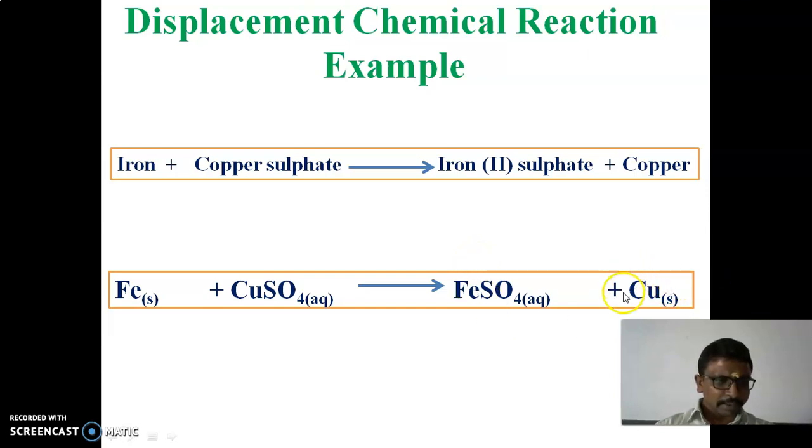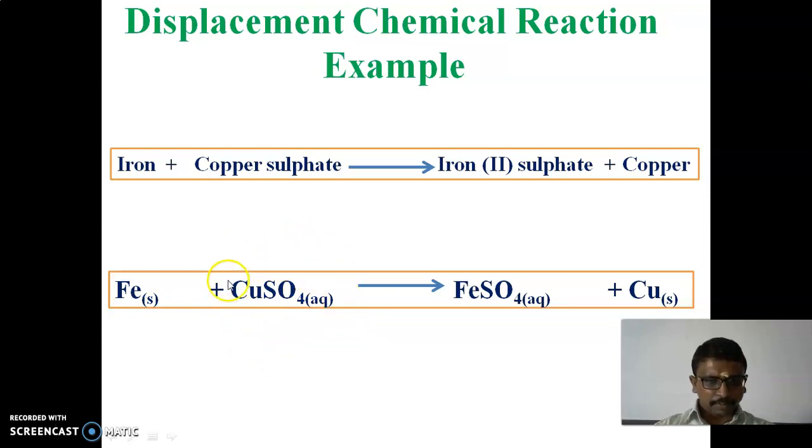And the copper is less reactive. It will be removed as one element. So this is the displacement reaction. So displacement reaction means what? There are two reactants. In the two reactants, one of the reactants is a compound.